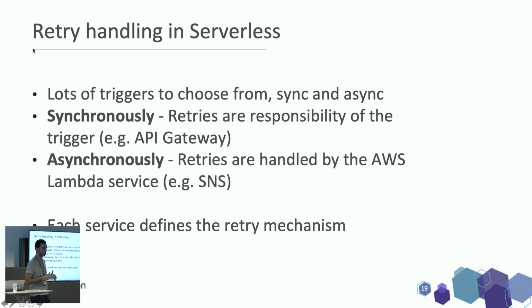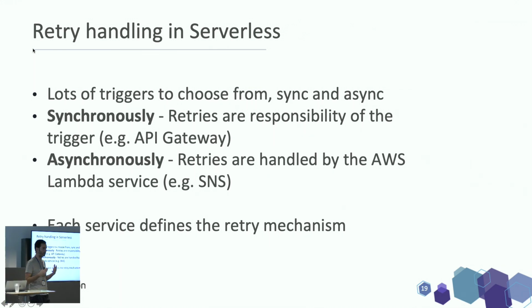Within serverless, we got something out of the box that is a bit different than what we were used to. With serverless or with Lambda functions, we got plenty of integrations to work with, tens of services that are out there just waiting to trigger your Lambda function. And we can distinguish them into two main categories, synchronous and asynchronous.